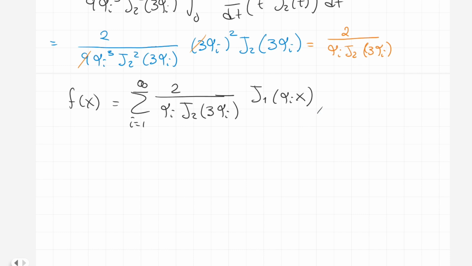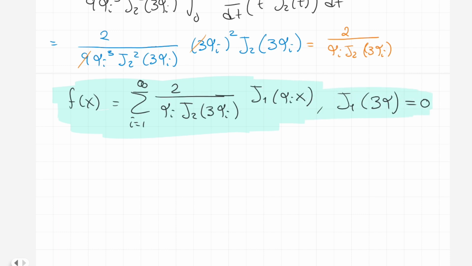And remember that this is subject to the condition J_1 of 3 alpha equals 0, right? Perfect. So this will be like the way to express the function f as a Fourier Bessel series.